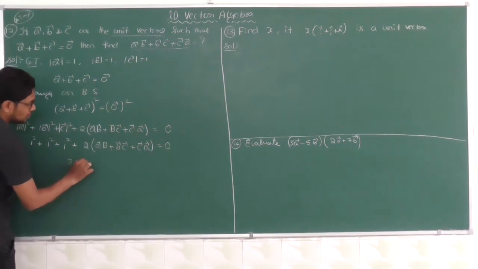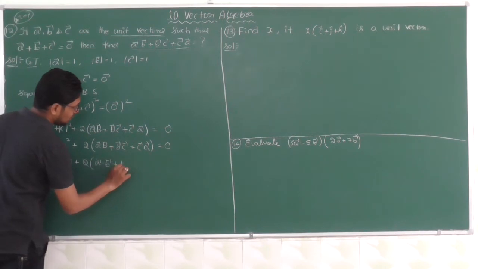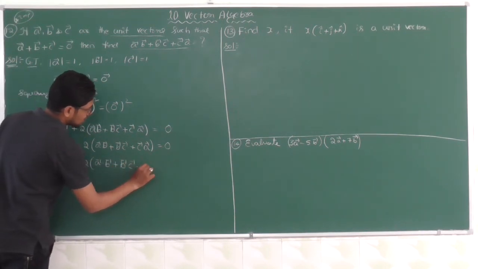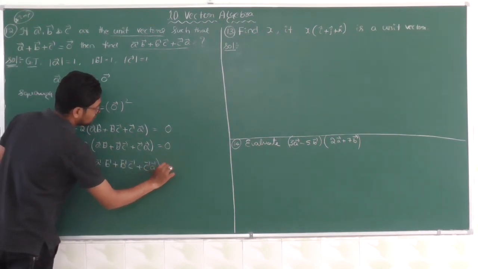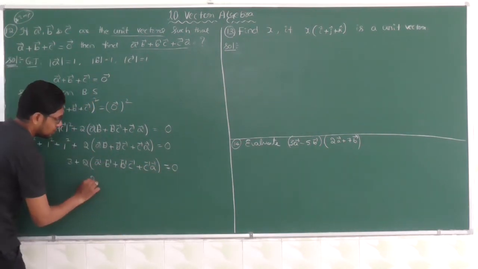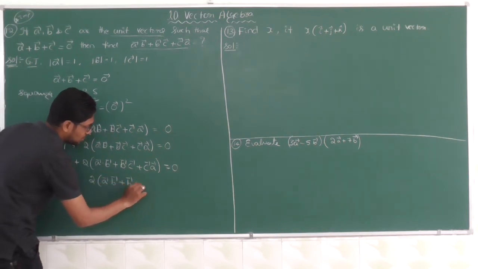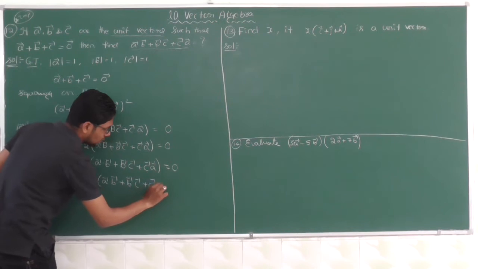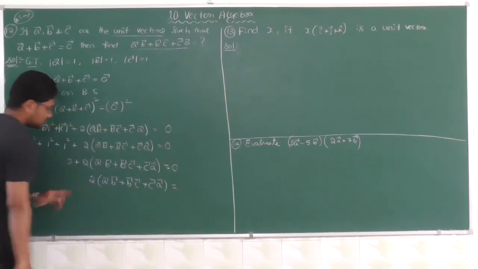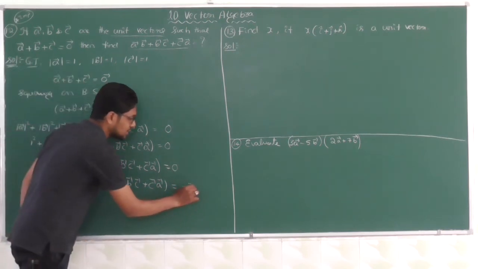So 3 plus 2 times of (AB plus BC plus CA) equals 0. Send this 3 to the right, it will be minus 3. So 2 times of (AB plus BC plus CA) equals minus 3.